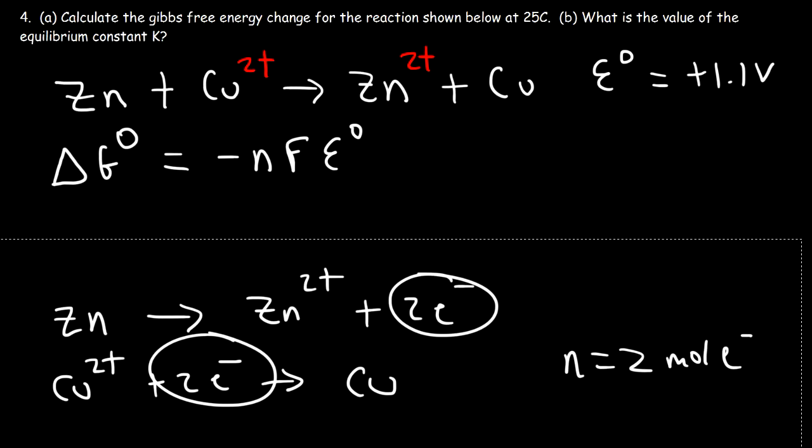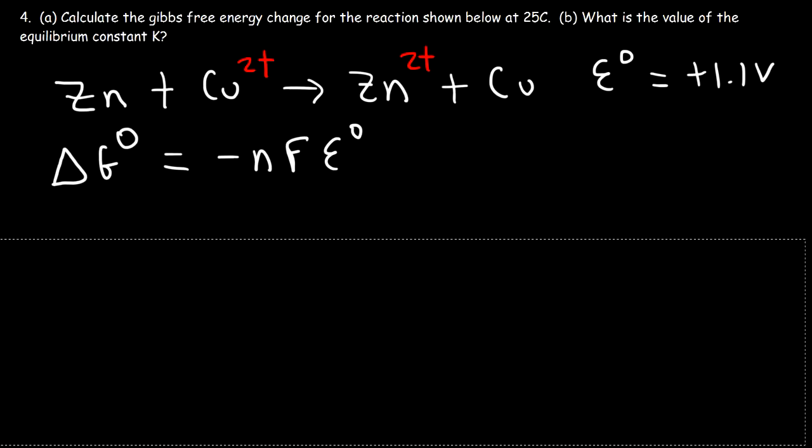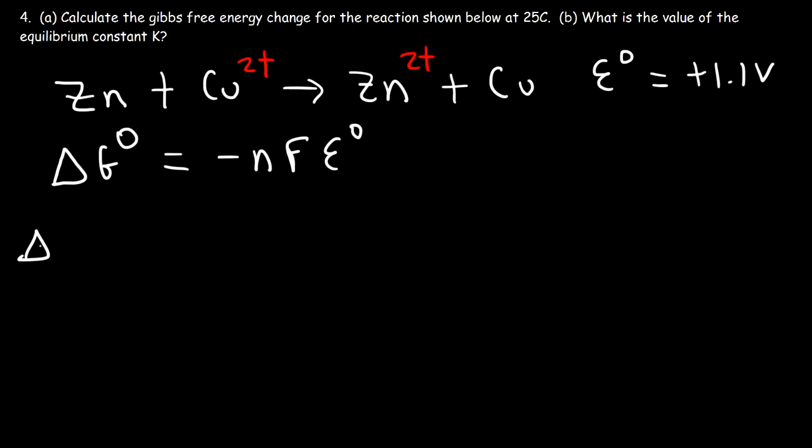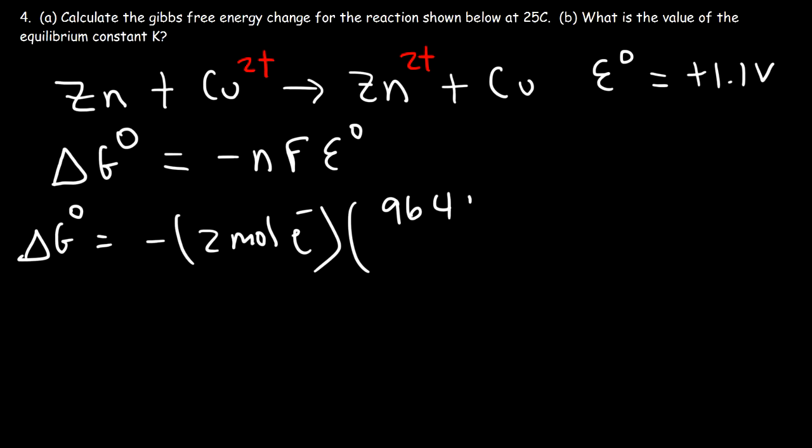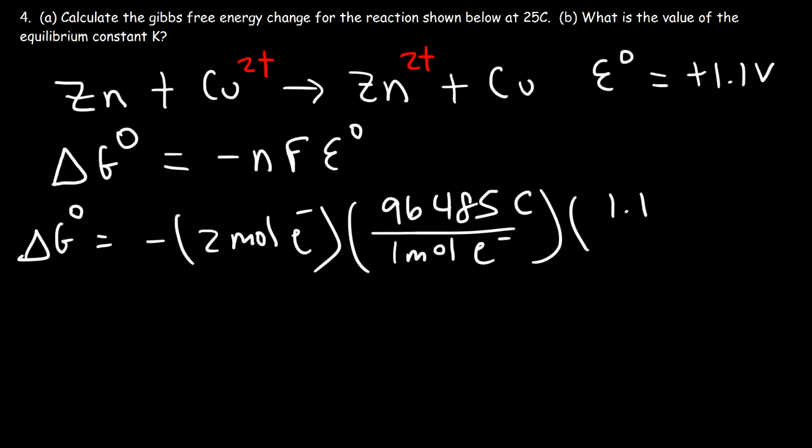So now that we have that, we can calculate delta G. So we have 2 moles of electrons. F is Faraday's constant, which is 96,485 coulombs per mole of electrons. And the cell potential, it's 1.1 volts.